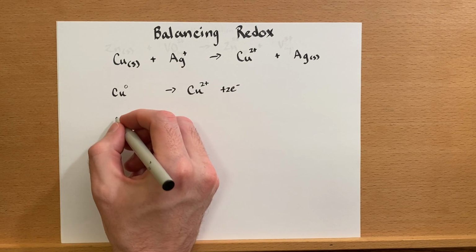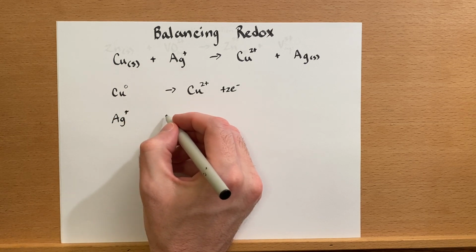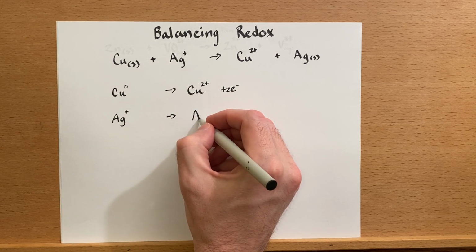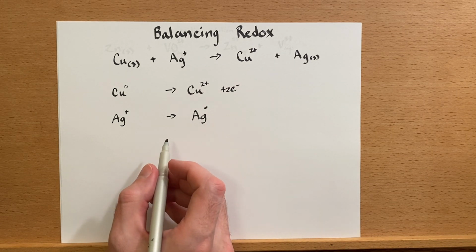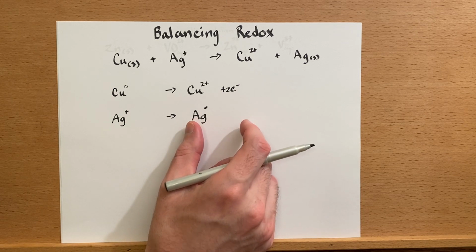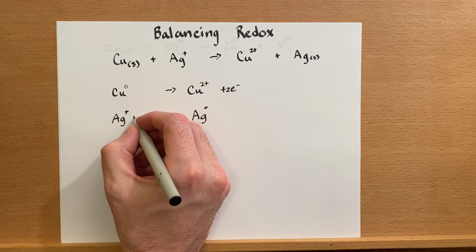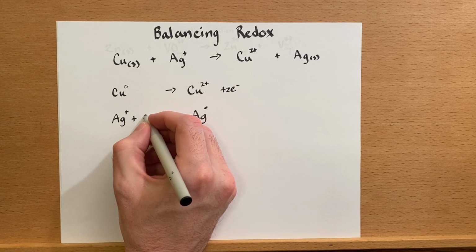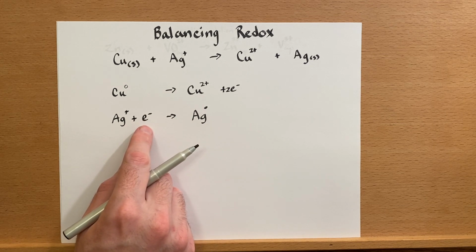Let's do the other part of the reaction. So we have silver ions going to silver metal. So there's a 0 there. In this case, we have a 0 charge on the product side. We have a plus 1 on the reactant side. So we're going to need to add 1 electron to our reactants to reduce the silver.